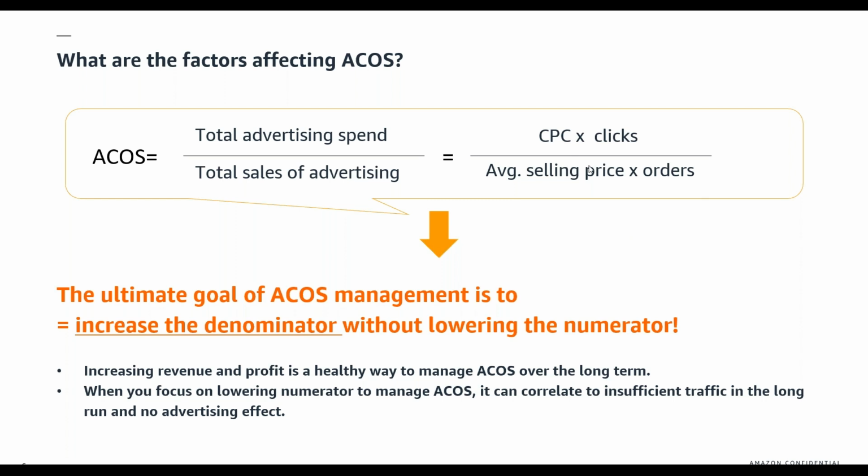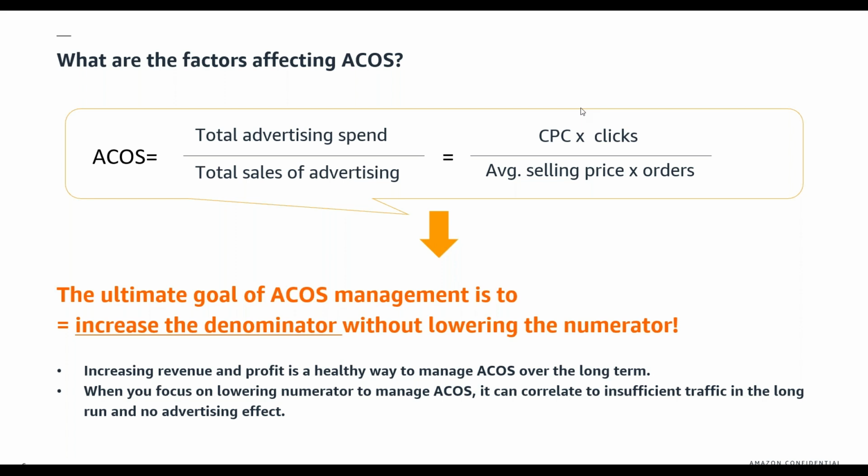which is to increase your number of orders, or alternatively, consider a premiumization strategy in the long term. For example, you've just launched for 3 months with your first automatic campaign, and you notice your ACOS is higher than 50%, maybe 100% or 200%, and you shut off all your ad campaigns.